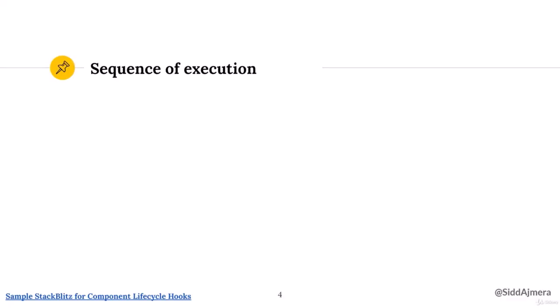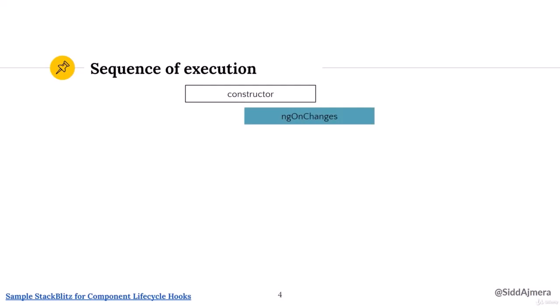Alright, so let's now talk about the sequence of execution. We already know that almost everything inside Angular is essentially a TypeScript class, and so is a component or a directive. So both components and directives will have a constructor function, which gets called whenever the component or directive gets instantiated by Angular. But then after that, the first lifecycle hook gets called, which is ngOnChanges.